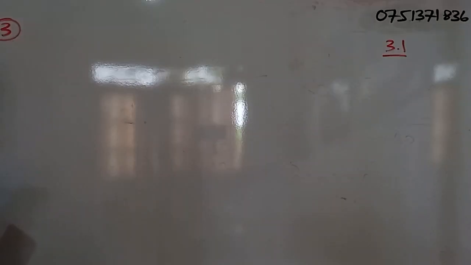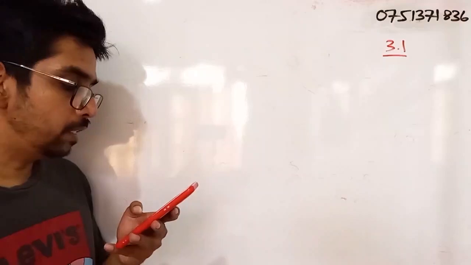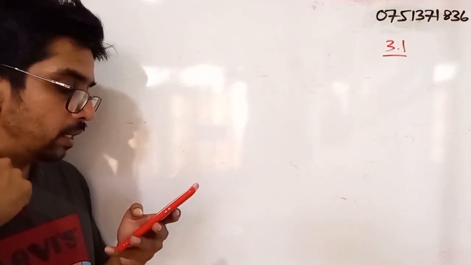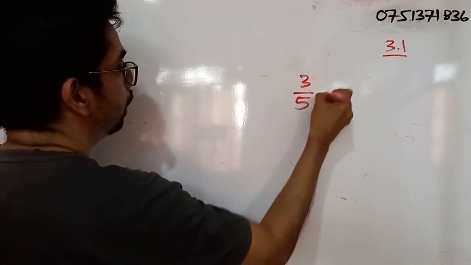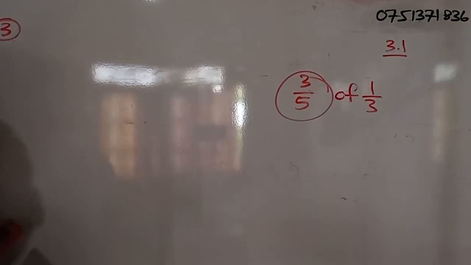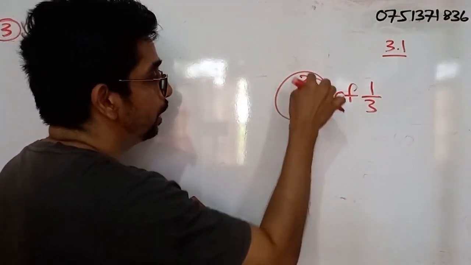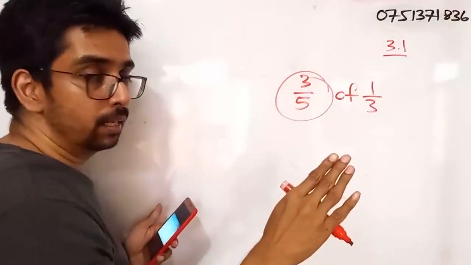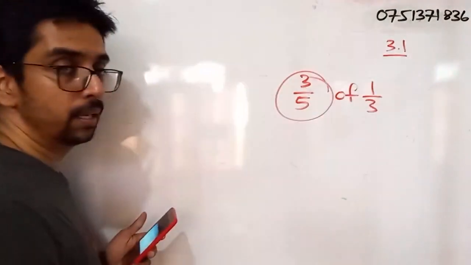A person who owns 3/5 of a land gives 1/3 of it to his daughter. What is the portion received by the daughter as a fraction of the whole land? So this person owns 3/5 of the land. From that he gives 1/3 of it.